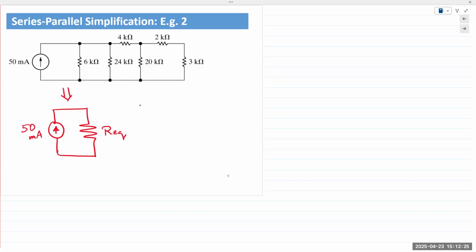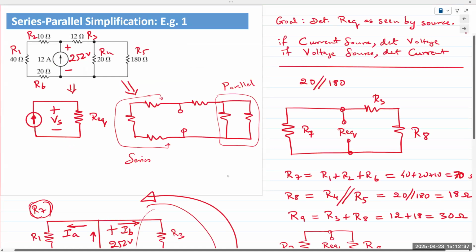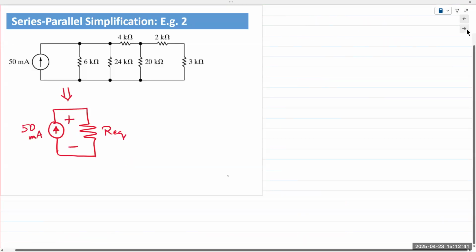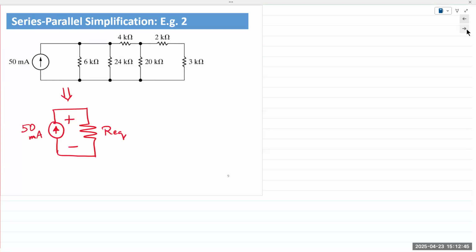Remember, in the previous circuit, we solve for the current. In this circuit, because it's a current source, we are going to solve for the voltage. This one also is a current source. Okay, then both cases are the same. If it's a voltage source, we solve for the current. If it's a current source, we solve for the voltage.